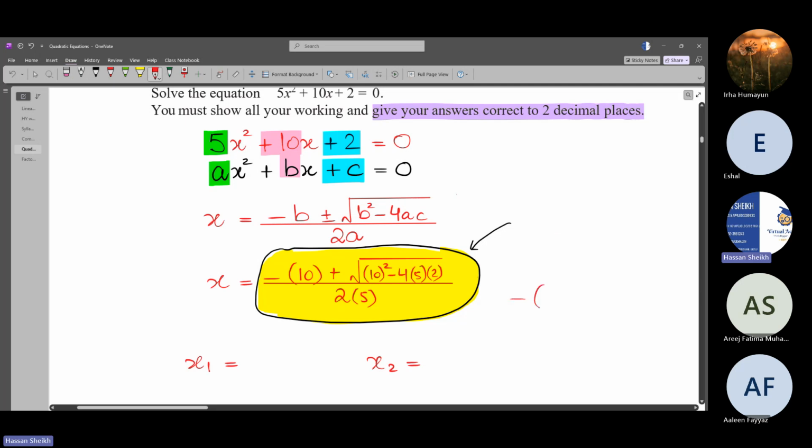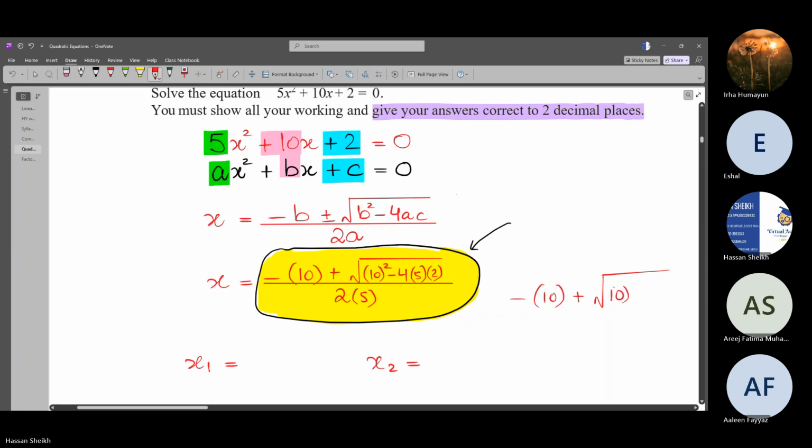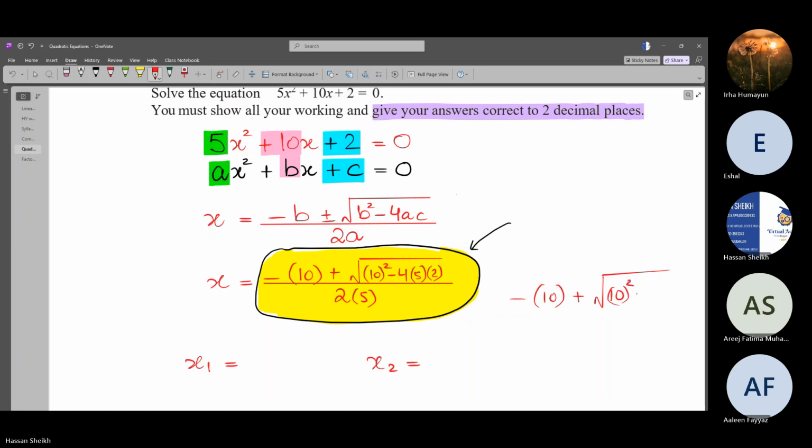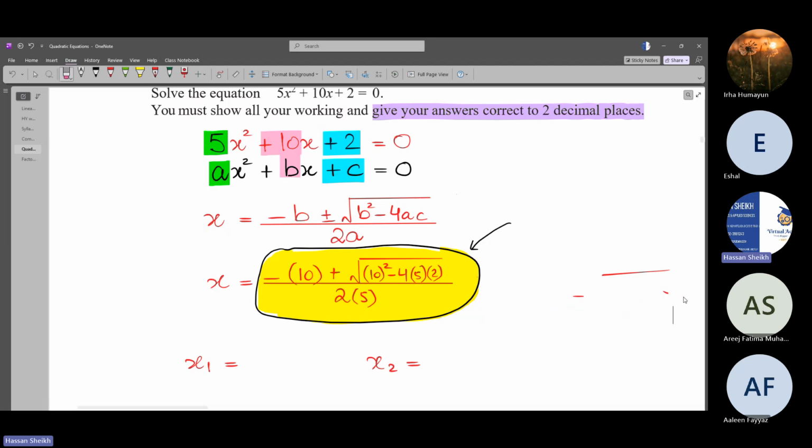You can also go this way: minus 10, bracket, minus, bracket open, 10, bracket close, plus, and then the square root sign. And inside the square root, 10 squared minus 4 times 5 times 2. What are the values?